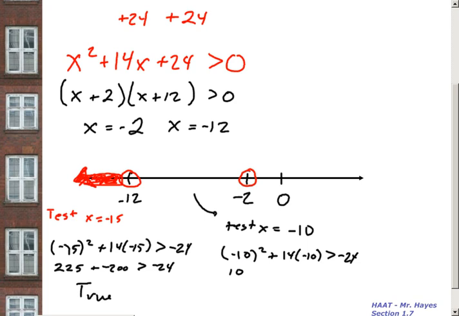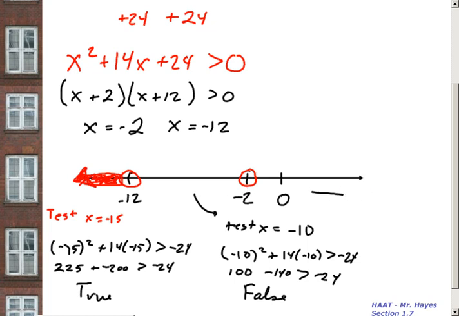So you have 100 minus 140, and I think at this point you can see that is not greater than negative 24. Since that's not true, actually I'm going to rewrite it this way, my apologies. I'm going to ask, is it greater than negative 24? The answer is false. So I'm not going to shade in between those two.